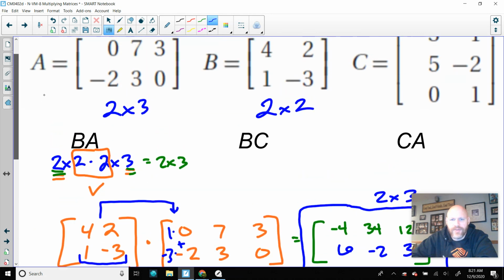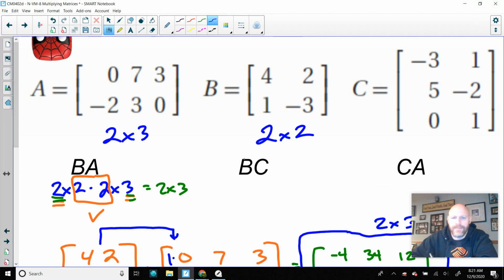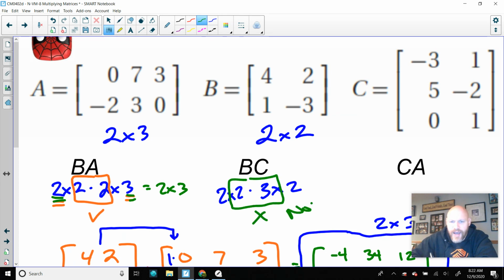So the next thing we would do is we would take a look at multiplying B times C. B is a 2 by 2 matrix and C is a 3 by 2 matrix. So we have a 2 by 2 times a 3 by 2. Okay, the numbers in the middle do not match. So before we even started, it's no go. So you're going to say not possible.